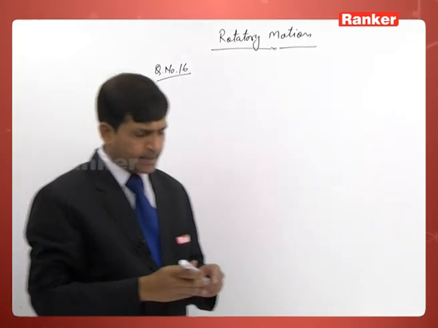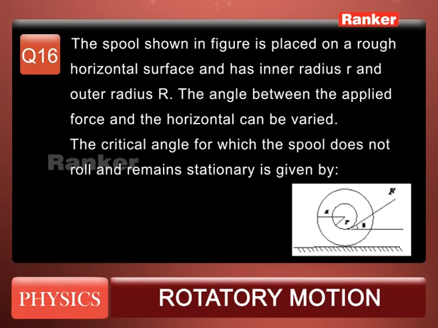Question number 16. The question is that a spool shown in the figure is placed on a rough horizontal surface and has inner radius r and outer radius capital R. The angle between the applied force and the horizontal can be varied. Then find the critical angle for which the spool does not roll and remains stationary.